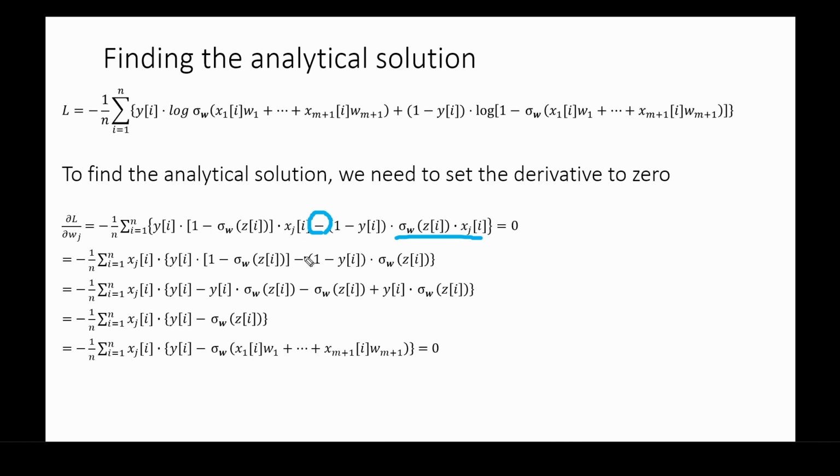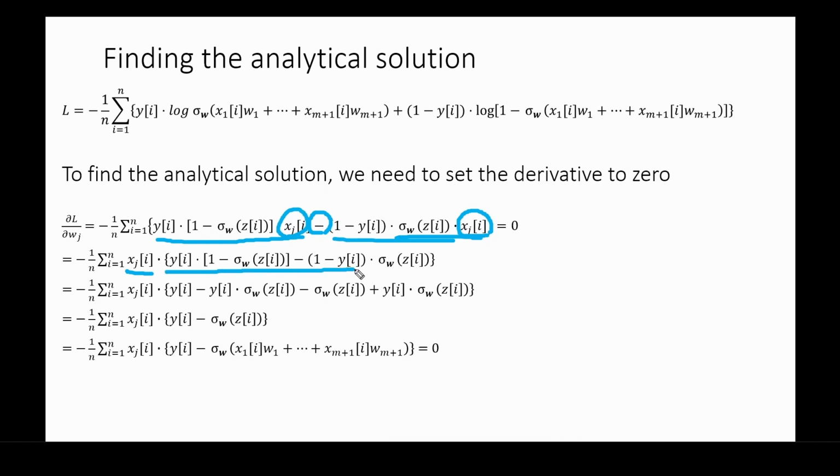We can further simplify this expression. As you can see, this first term and this second term both have xj. So what we can do is pull the xj out, and we are left with y times 1 minus the sigmoid function, minus 1 minus y times the sigmoid function.